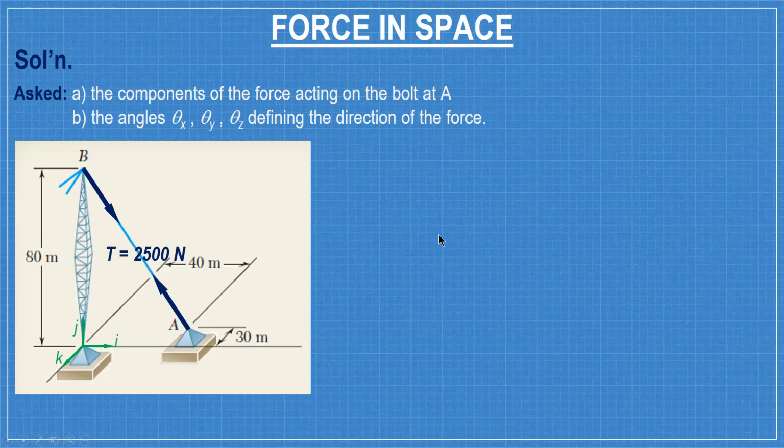No? So, we already have the magnitude of it. We have the distances. So how do we compute for, or how do we determine the components?